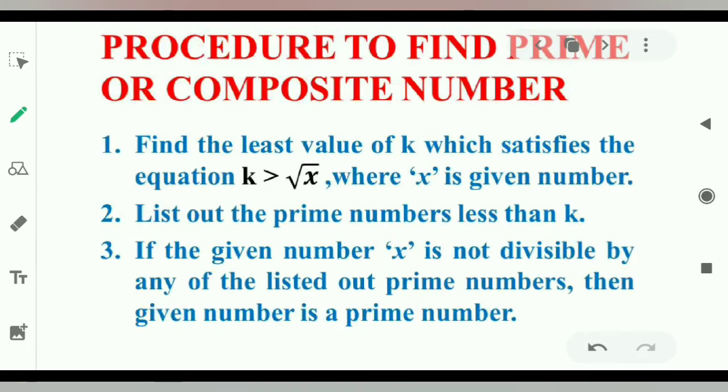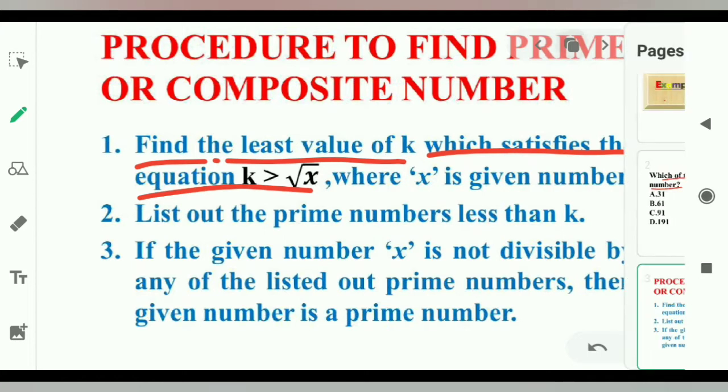Are you all ready to read the procedure? Good. Let's all read the procedure. Find the least value of k which satisfies the equation k greater than square root of x. So, in the very first step, what are we going to find? We are going to find the value of k which satisfies the equation k greater than square root of x.